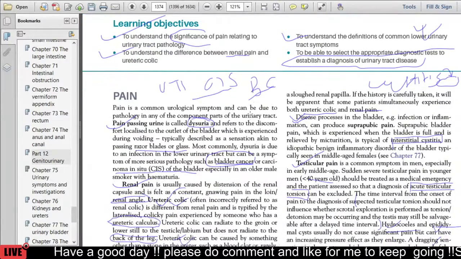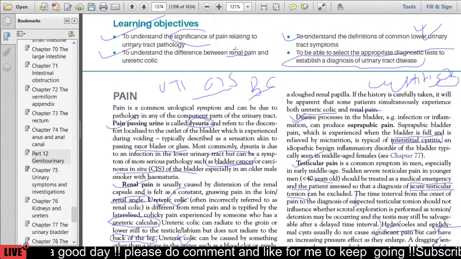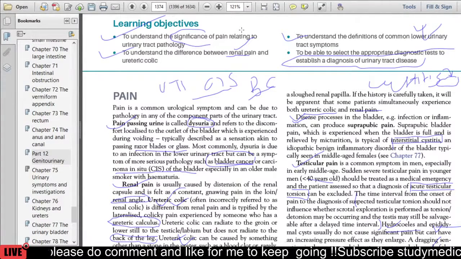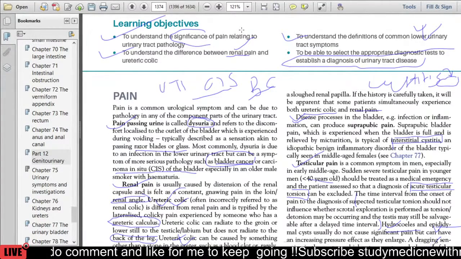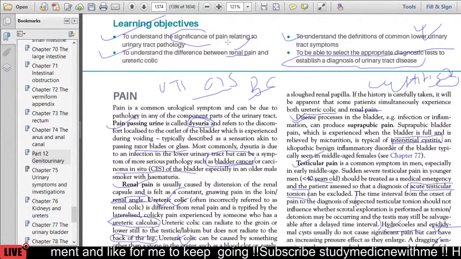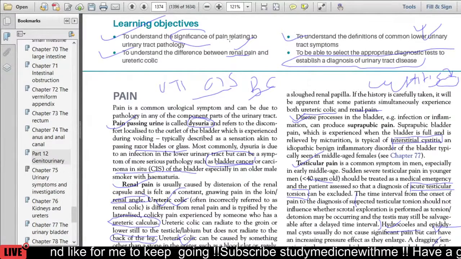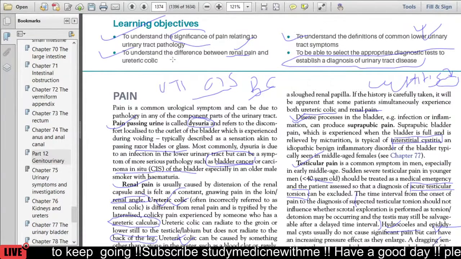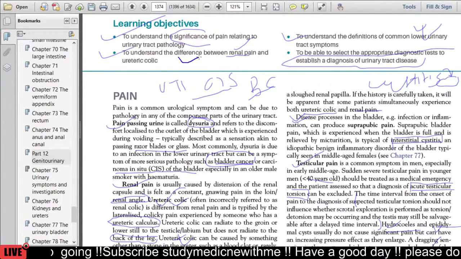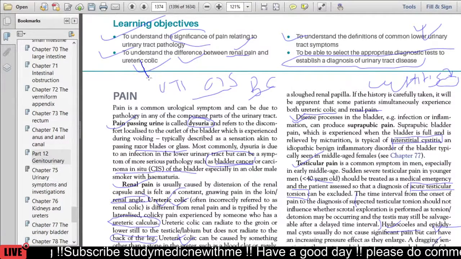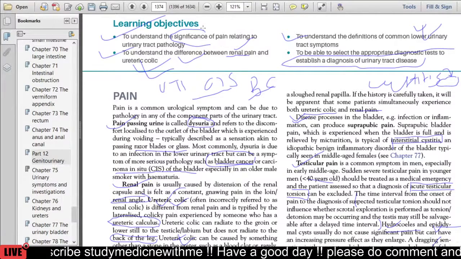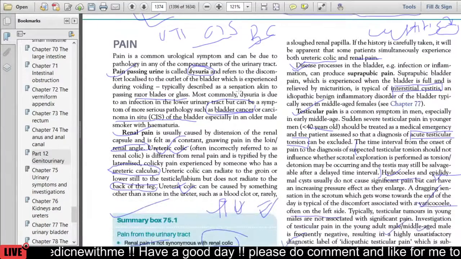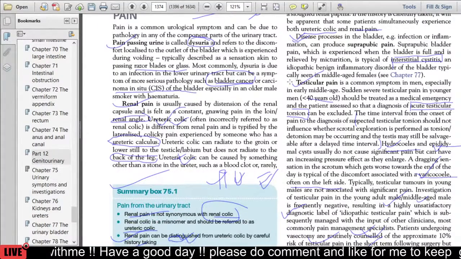So we understand pain relating to the urinary tract. There are basically two types of pain: renal pain and ureteric colic pain. We know how to differentiate between ureteric colic pain and renal pain, and we also studied the significance of pain relating to urinary pathology, because different types of pain might occur in different organs.